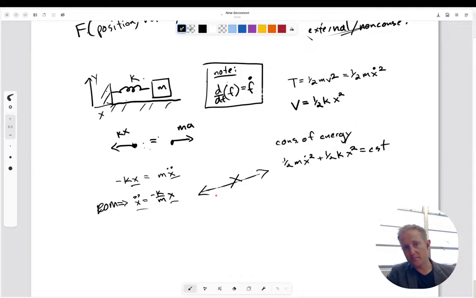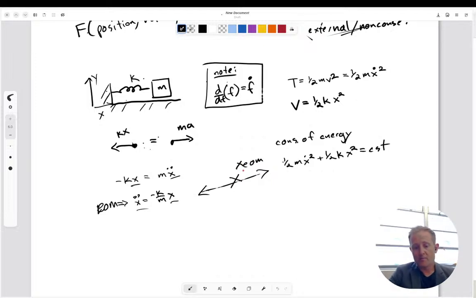It's not an equation of motion. It definitely gives us a relation between speed and position, but technically, even with the equation of motion, we would need to know its initial position and initial velocity, and then we could solve for other parts. But it is not an equation of motion.